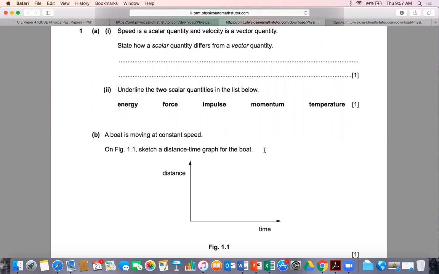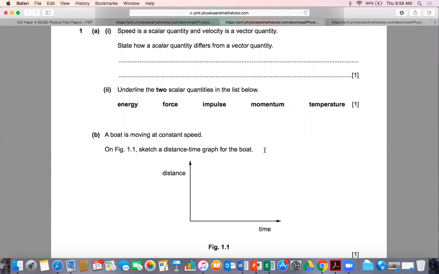That has direction. So energy and temperature. Force is not scalar, because with force you have upward force, downward force, gravity is down, weight is down, drag is up. So it has direction.